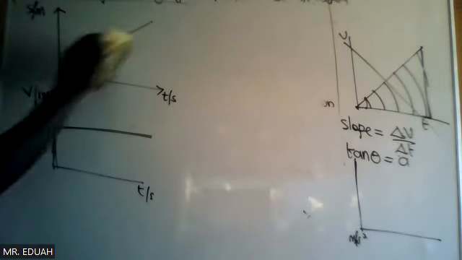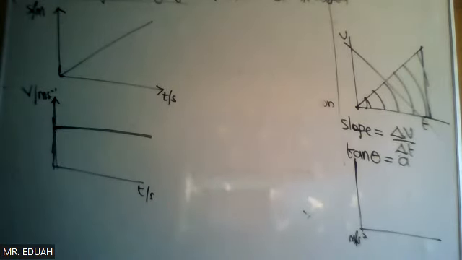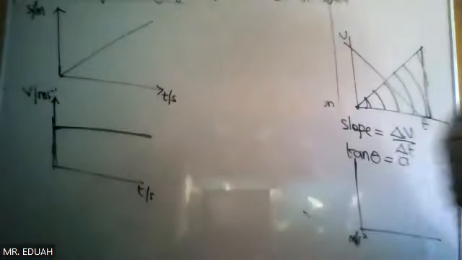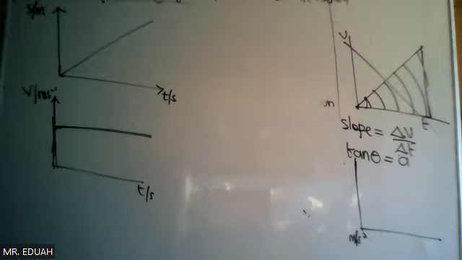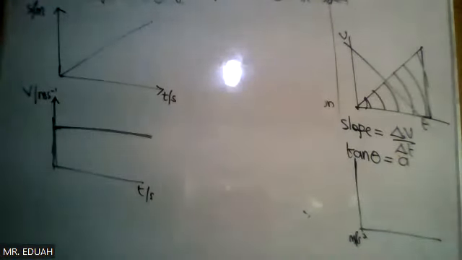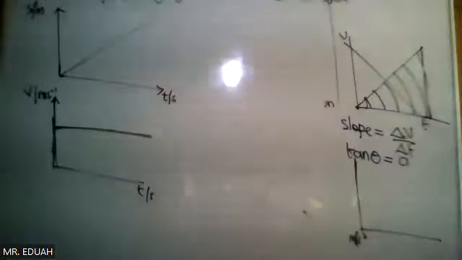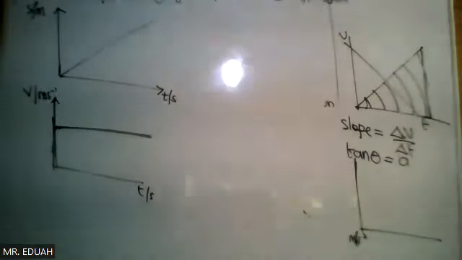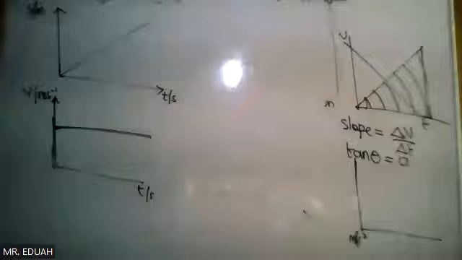What is the difference between these two graphs? What is the difference between the two graphs on the board?